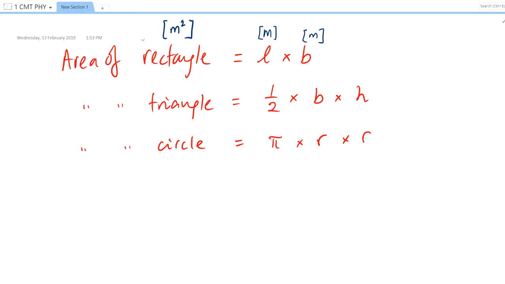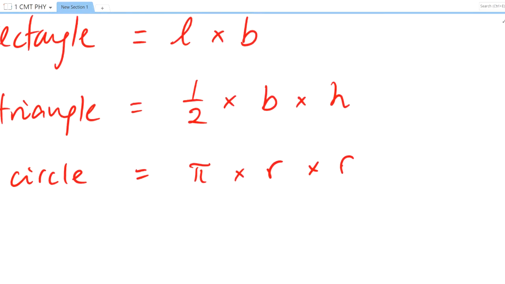What about the next one? Area of triangle. I've got a half. What is the unit for half? Are there any units for a number? Number has no units, right? For example, 1, 2, 3, they are numbers, there are no units. What about this over here? Base. What is the unit for base? In SI unit? Meter also. What about the SI unit for height? Meter.